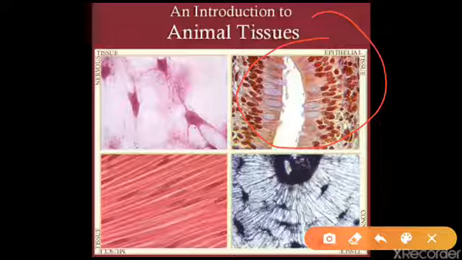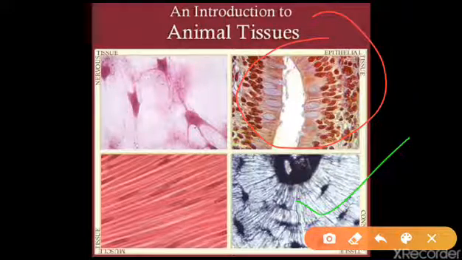What it is, we will read in the next part of this video, but first I'm taking an overview. Second, we have the connective tissue, which is also the supporting tissue.